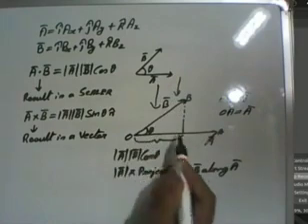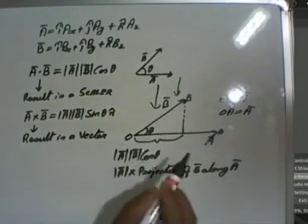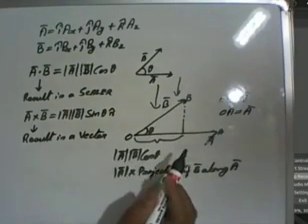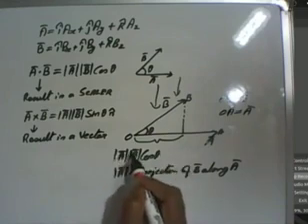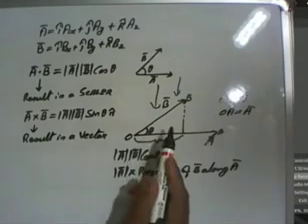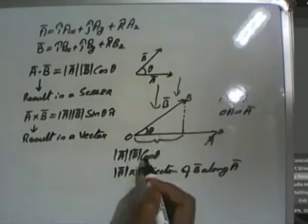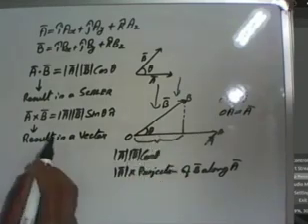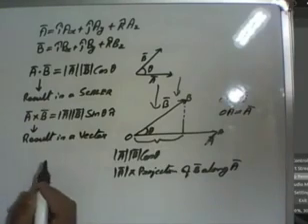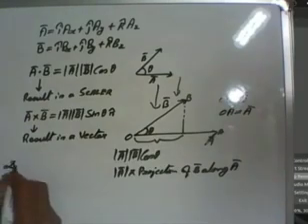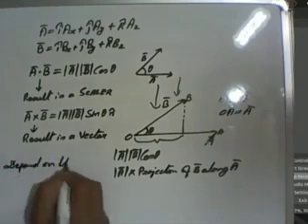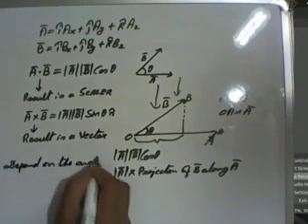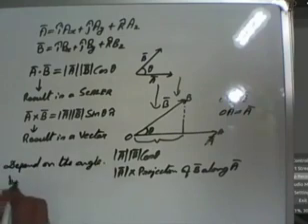So this is the physical significance of the scalar product. It is simply the product of one vector multiplied by the projection of the second vector along the first vector. The scalar product of two vectors depends on the angle between the two vectors.